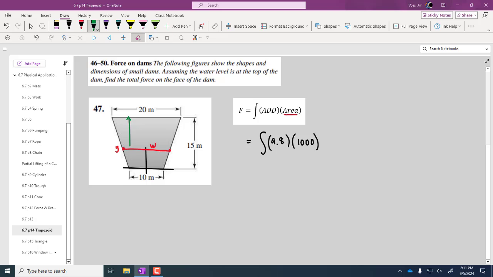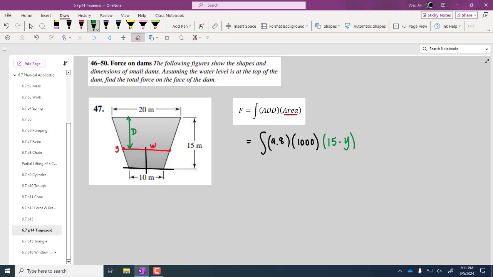So we're looking for this distance right here. This is the second D. And what would that be? 20 minus y? Nope, 15 minus y. Everyone agree? So 15 is the height of that wall, so 15 minus y is going to be the distance below the surface, or the depth. So there's the ADD, very similar to what we did with our 3D density things.